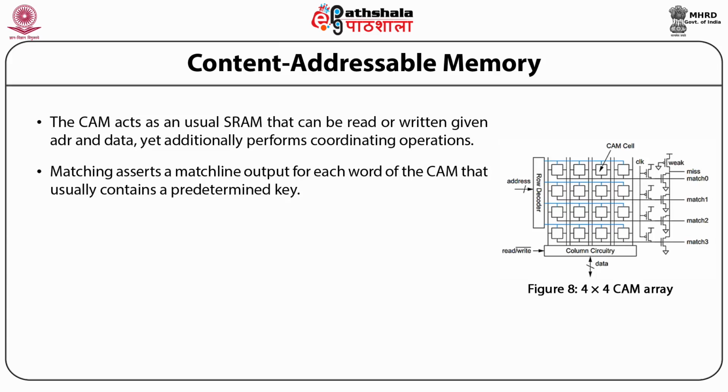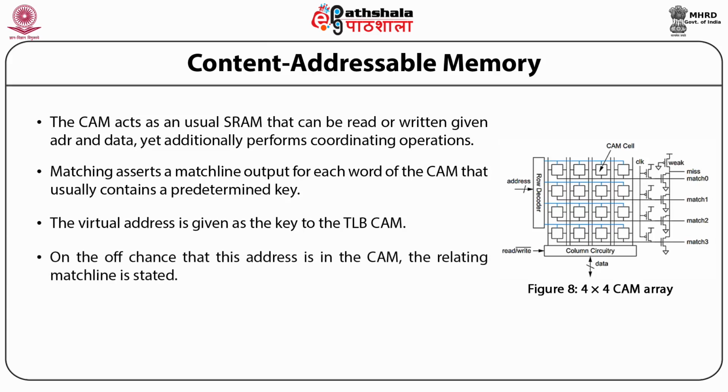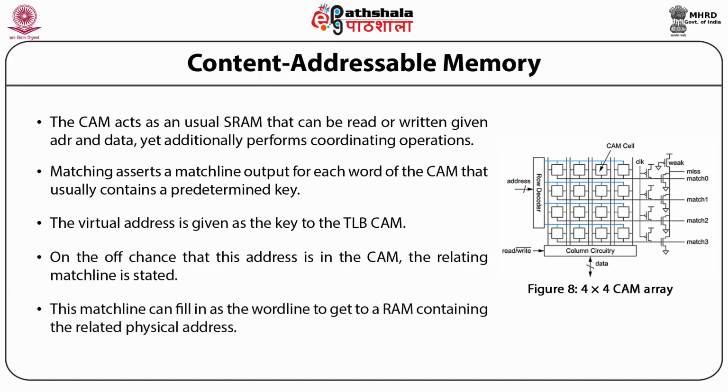A typical use of CAMs is translation look-aside buffers, TLBs, in microprocessors supporting virtual memory. The virtual address is given as the key to the TLB CAM. If this address is in the CAM, the corresponding match line is asserted. This match line can serve as the word line to access a RAM containing the related physical address.